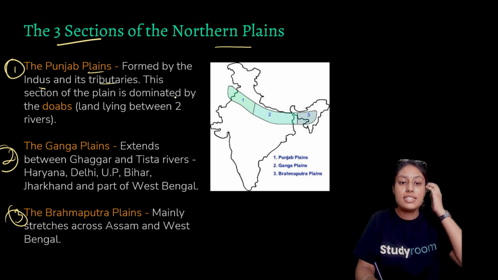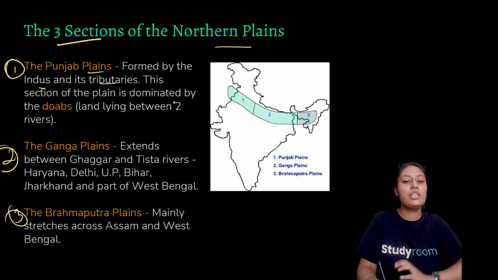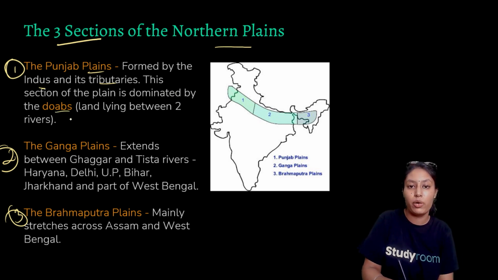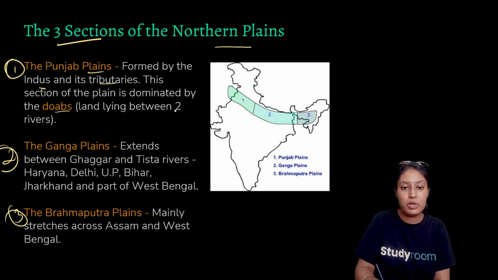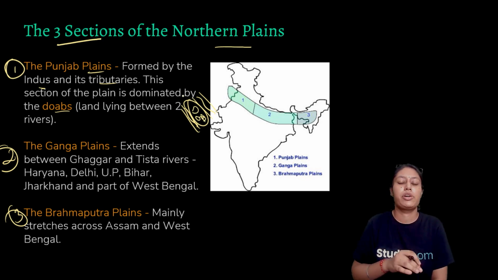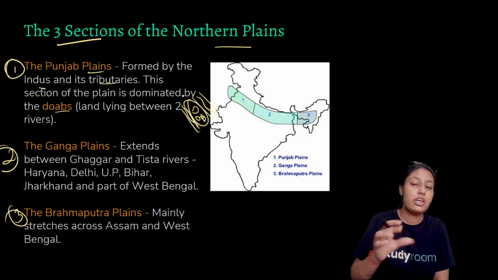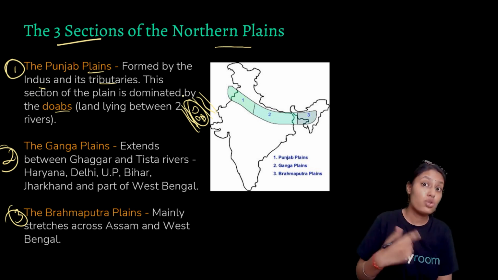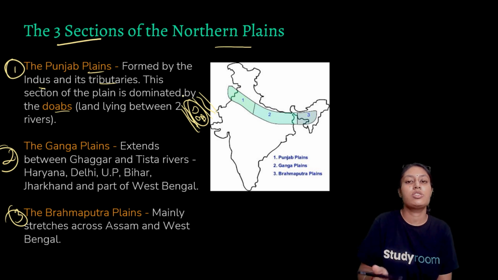Okay, and this is a section where the plain is dominated by Doab. Doab is a plain, a land between two rivers. For example, there are two rivers flowing. So this place is called Doab. Okay, and this is the most fertile place for agriculture. The agriculture is very, very rich in this area. So most of Punjab is like that. That's why agriculture is very rich in Punjab, because of Doab.